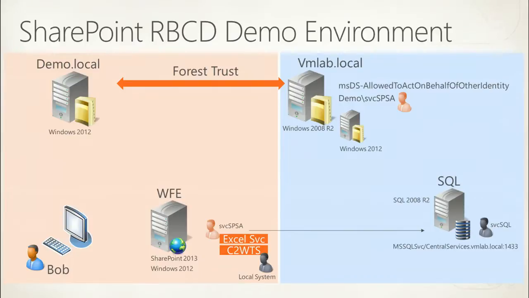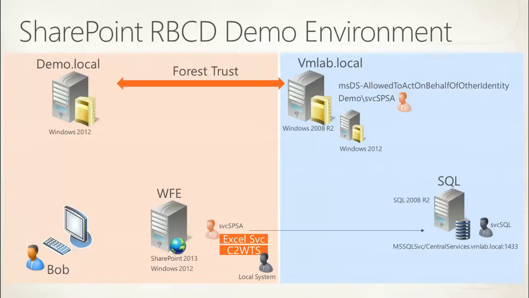And then I have a SQL server. SQL server is running SQL 2008 R2, so this is not a SQL 2012 feature. It's running on Windows 2008, so the target doesn't have to be running on Windows 2012. I've configured that SQL server for Kerberos authentication, so that is a requirement, and the only thing we do there is configure the service principal name.